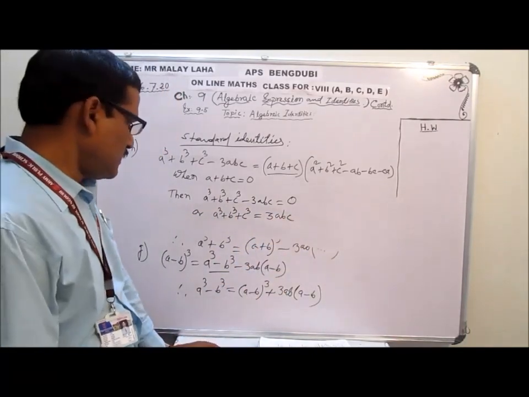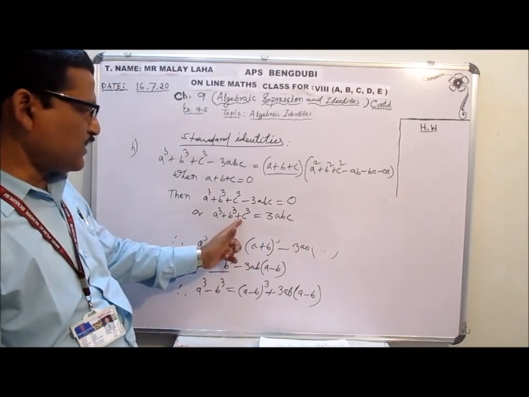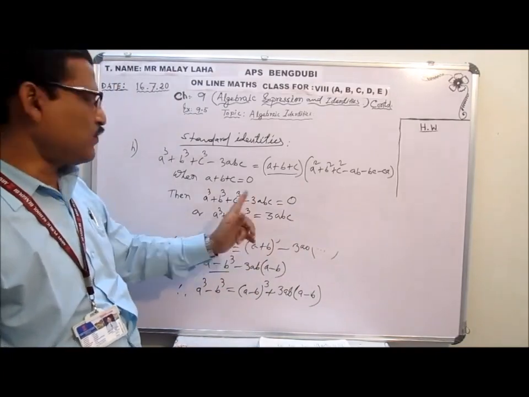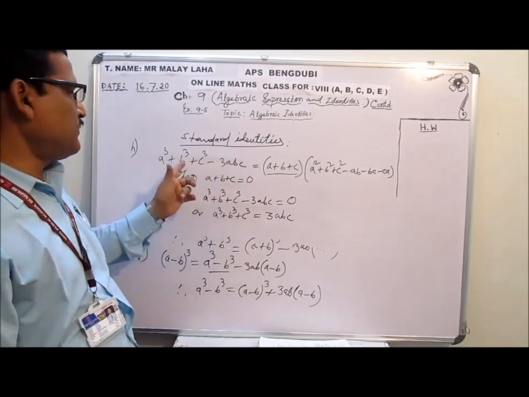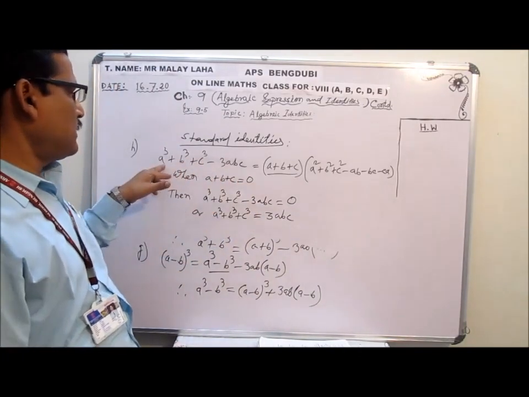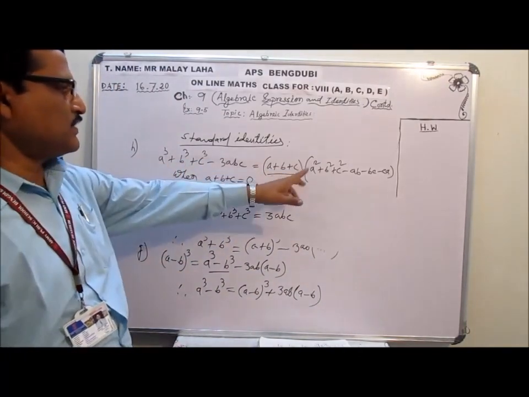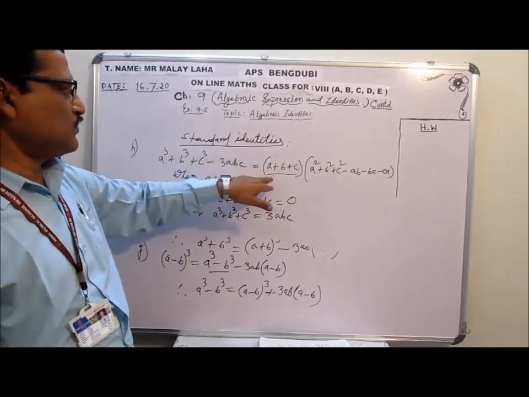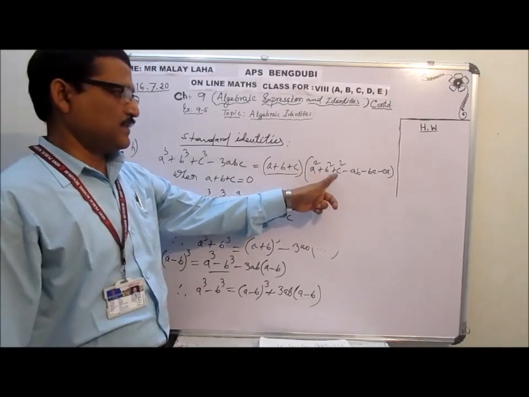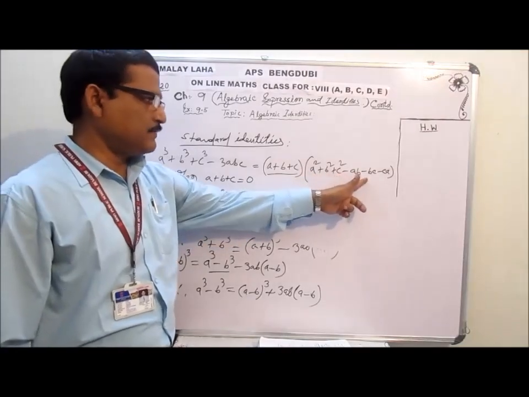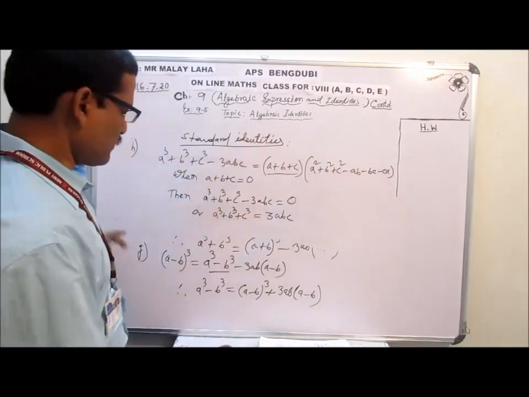Got it? So a cube plus b cube plus c cube will be equal to 3abc when a plus b plus c equals 0. Or simply if a plus b plus c is given, you have to find out this expansion: a plus b plus c into a square plus b square plus c square minus ab minus bc minus ca. This form you have to write down.